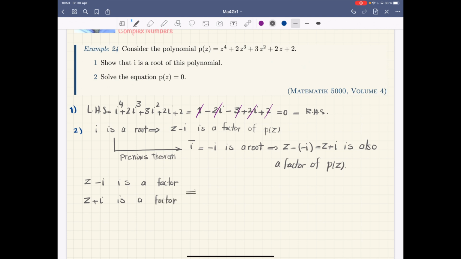This means that P of Z is divisible by Z minus I times Z plus I.